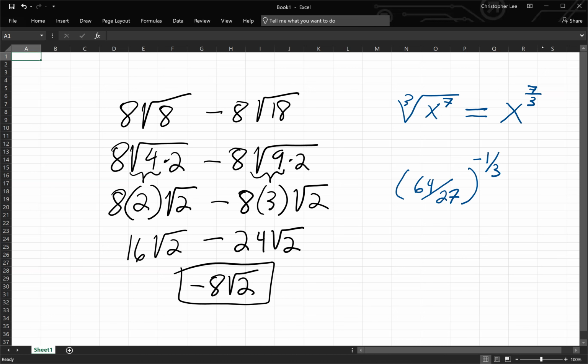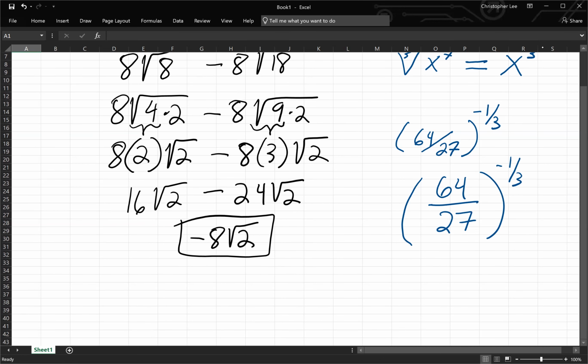Like that? That's not bad. So 64/27 to the -1/3 power, right? So it's negative. So what's going to happen? Where is it going to go? In the denominator, right?